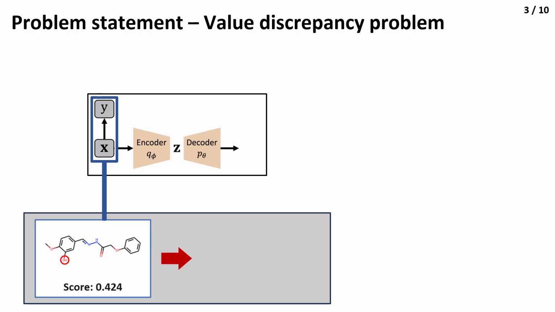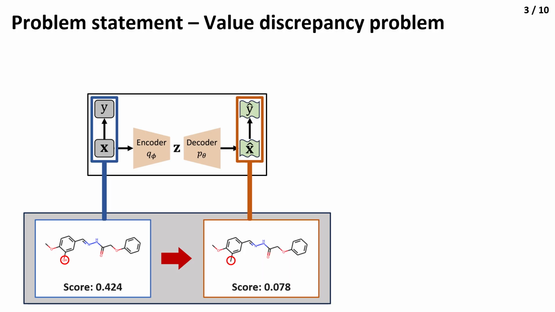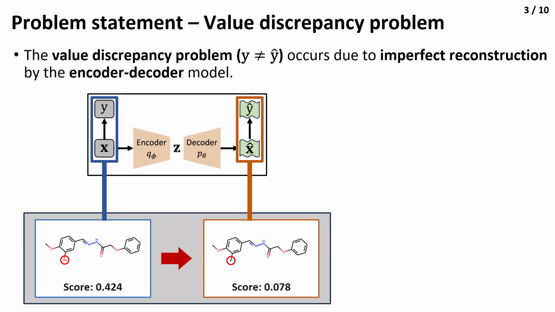And then what if we pass it through the encoder and decoder? After reconstruction, we get X hat, and the score Y hat can be much lower. It looks like reconstruction worked well though. This is the value discrepancy problem. It happens because the encoder-decoder doesn't reconstruct perfectly.